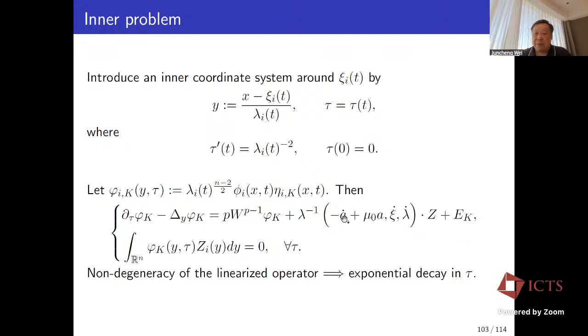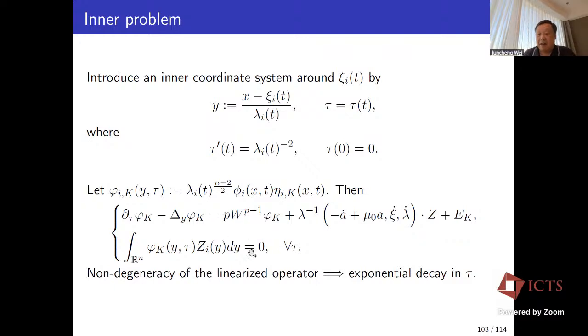Because I don't know A prime, kappa prime, lambda prime, at first I don't know this dynamics. And it turns out this is like the Lagrange multiplier. The Lagrange multiplier never enters into the estimate for phi for the inner problem.